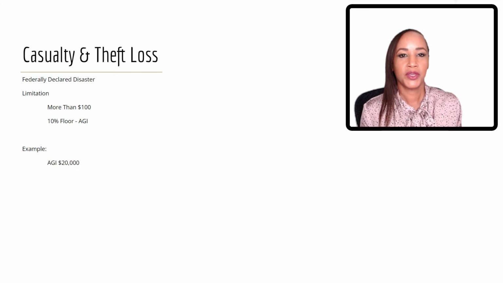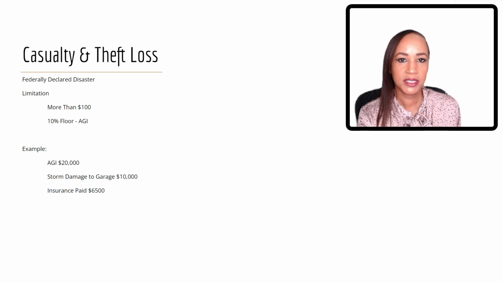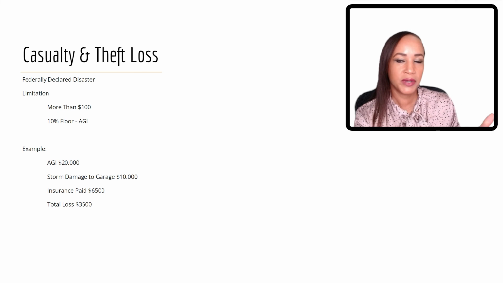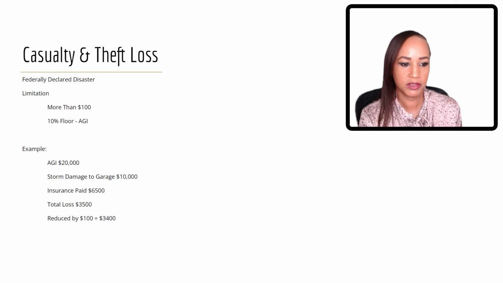Let's say that your adjusted gross income was $20,000 and there was a federally declared disaster, a storm, and that caused damage to your garage of roughly $10,000. And the insurance company was good enough to pay you out a whole $6,500, not quite enough to get it done, and you had to come out of pocket for that, right? So now your total loss is $3,500.